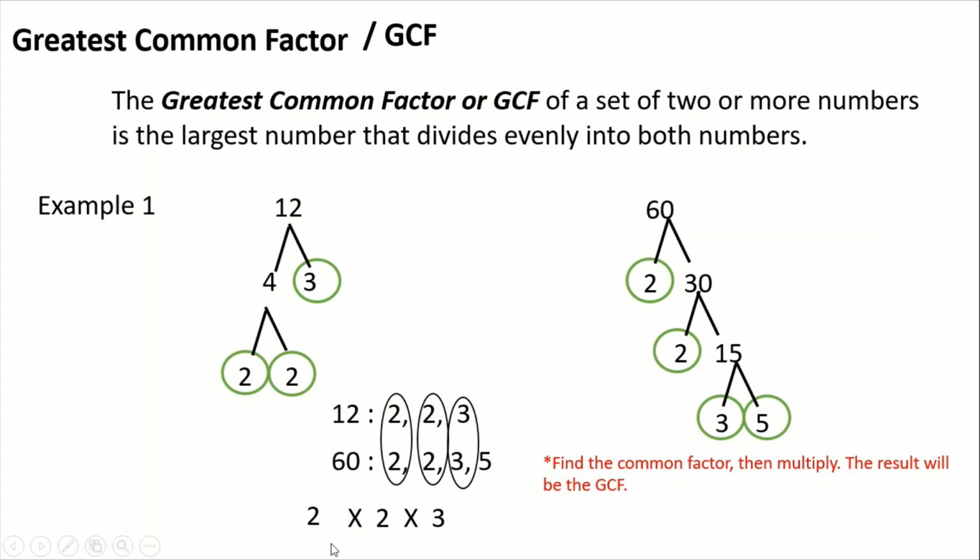So if we are going to multiply 2 times 2 times 3, ang sagot, yun yung greatest common factor ng 12 at 60. So 2 times 2 times 3 is equal to 12. So therefore, si 12 ang GCF ni 12 at ni 60.